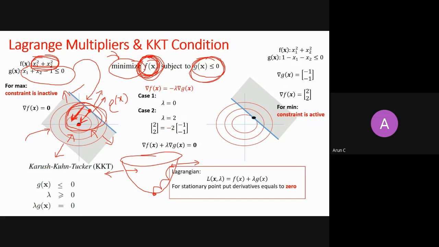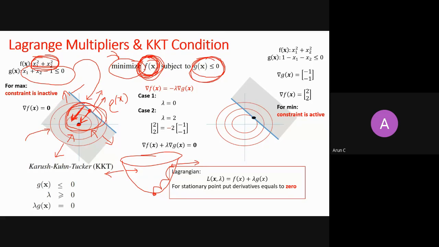They are parallel here. But my constraint is not affecting anything, because my optimal point is actually in the feasible region.